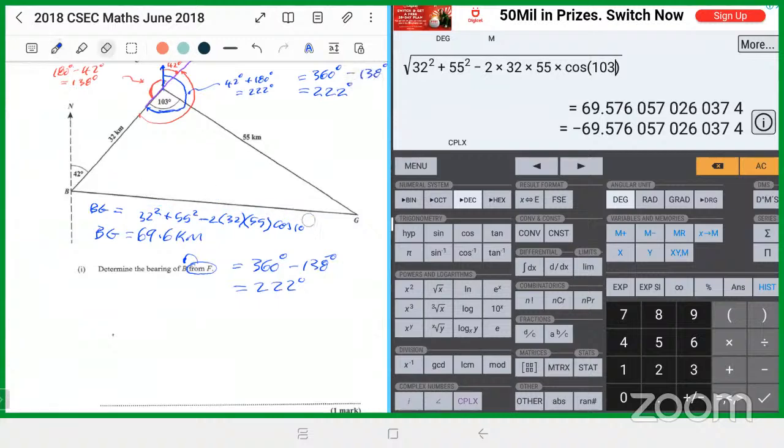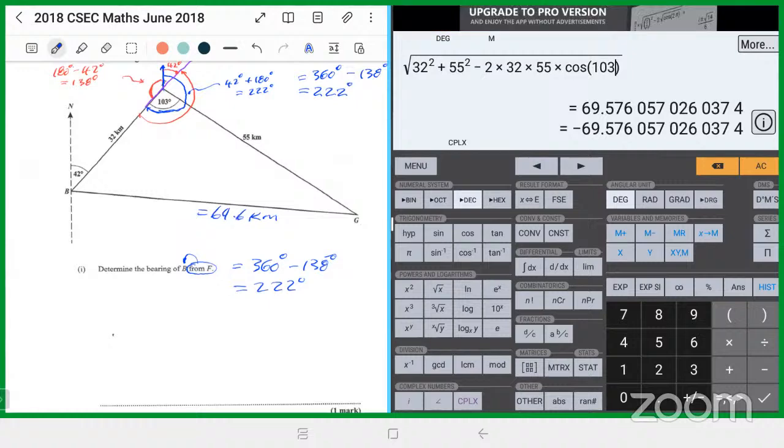The only thing I'm going to leave is the length, 69.6 kilometers. Now I want the bearing from here down to there. What bearing is this line on? Again, I have a standard from position.